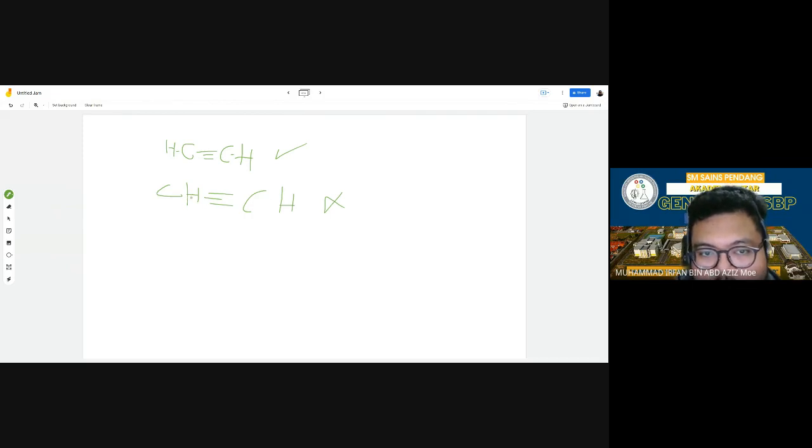Because H is not bonded to this C. It is not bonded to this one. It is only bonded to this CH only. So if we do the structure in big, it will be C triple bond like that, and then you have a dash here. Like that. So the top one is wrong.